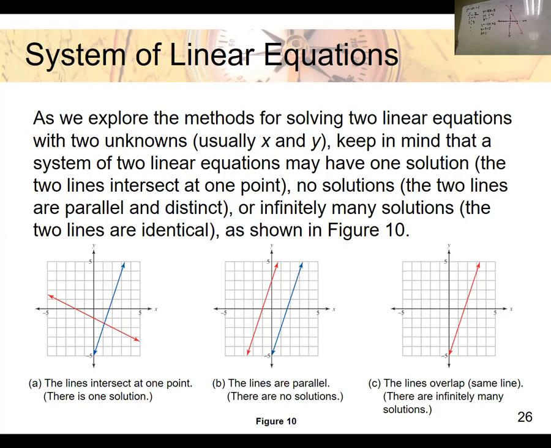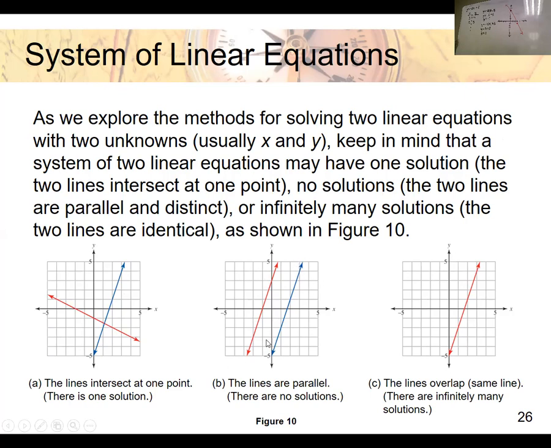All right, and on this slide, there are three different solutions for a system of linear equations. Okay. In graph A, you got two lines intersecting at a single point. That means that there is only one solution to that system of equations. The second one, you see that these two lines do not intersect.